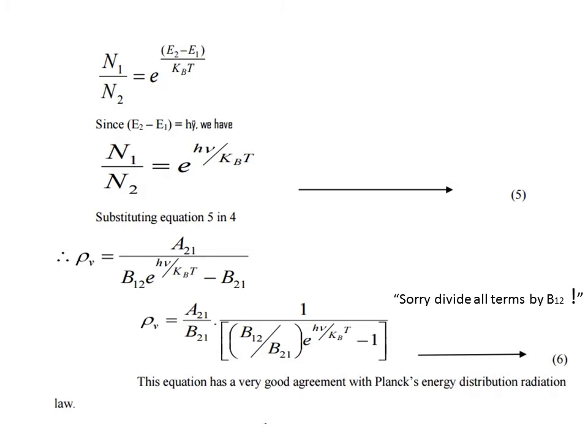So what we are left with is rho nu equal to A21 divided by B21 whole multiplied by 1 divided by B12 by B21 into exponential h nu by kt minus 1. So that is equation number 6.